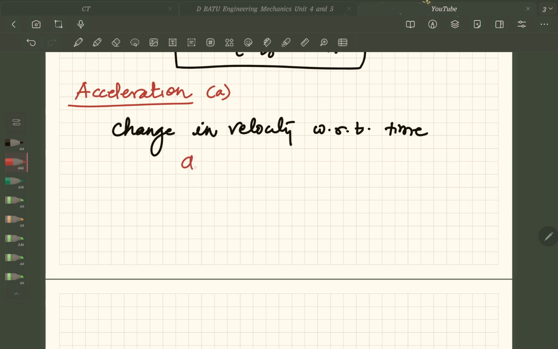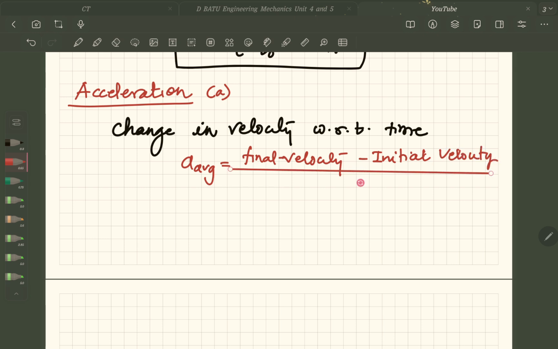One is average acceleration, which is final velocity minus initial velocity divided by time, or final time minus initial time.